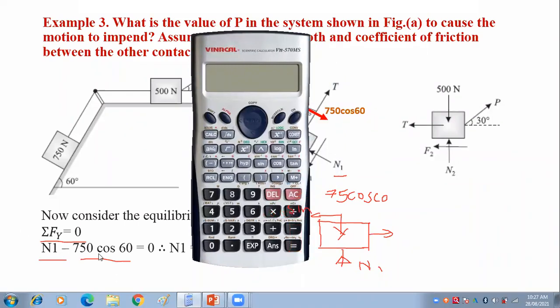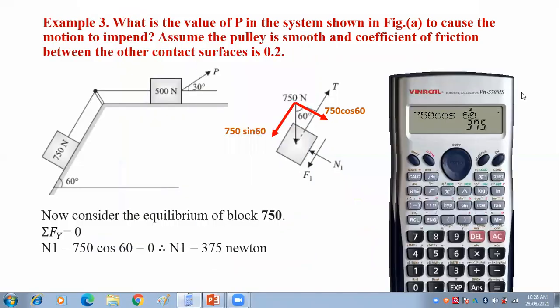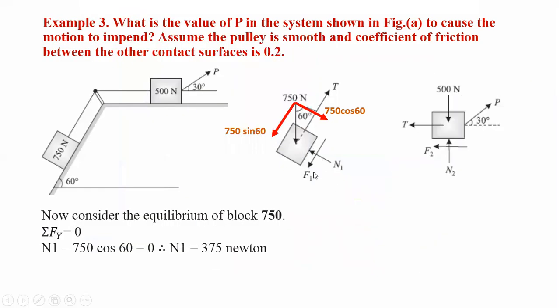This minus term, if you take to this side, it becomes a plus term, that is 750 cos 60, 375 Newton. It means that your N1 value is 375 Newton.